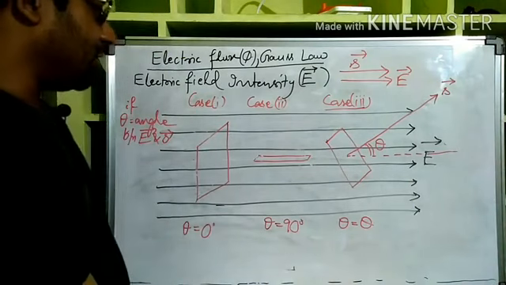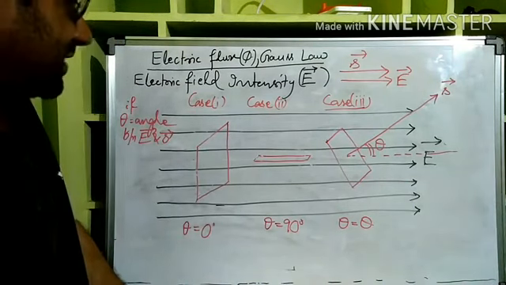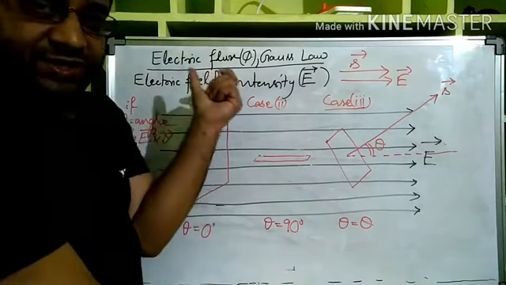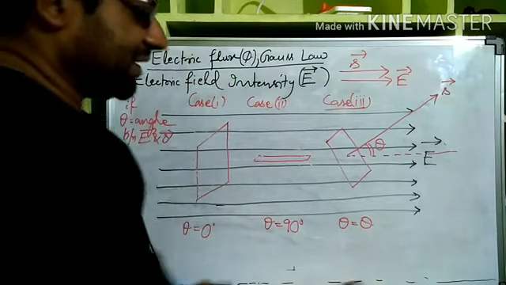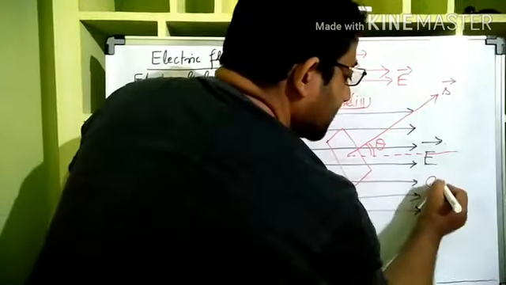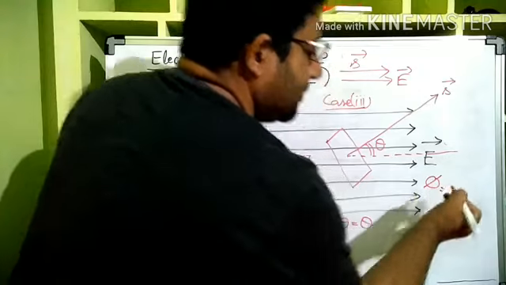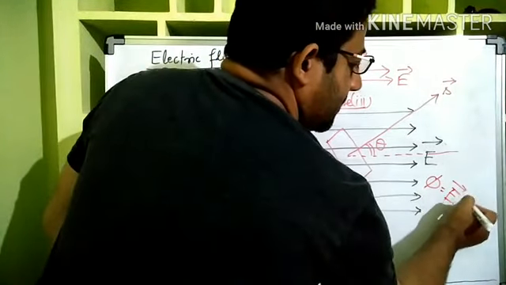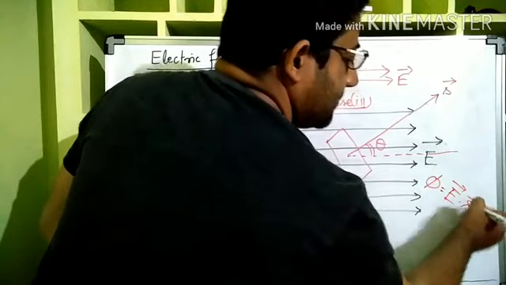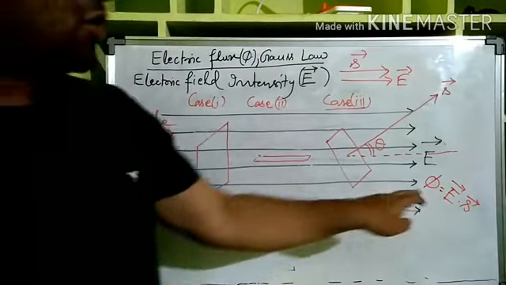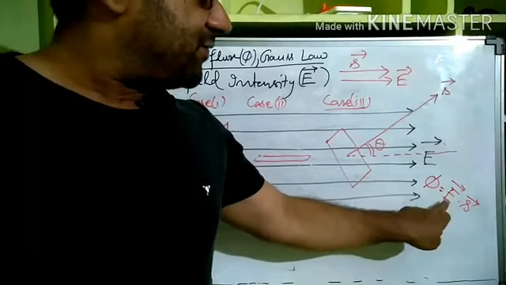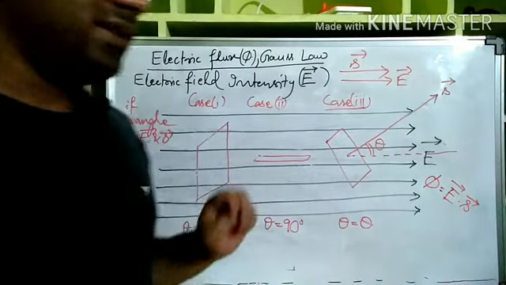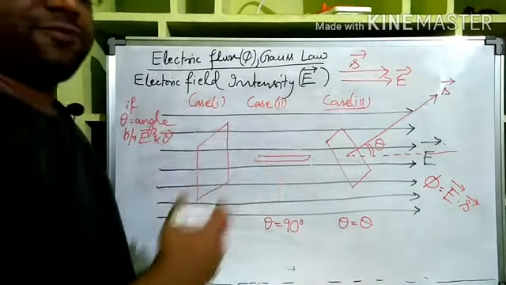Okay. Now, what is electric flux? We have understood what electric flux is theoretically, but mathematically, electric flux phi is equal to E dot S. It's the dot product of the electric field intensity and the area which comes in contact with the field.